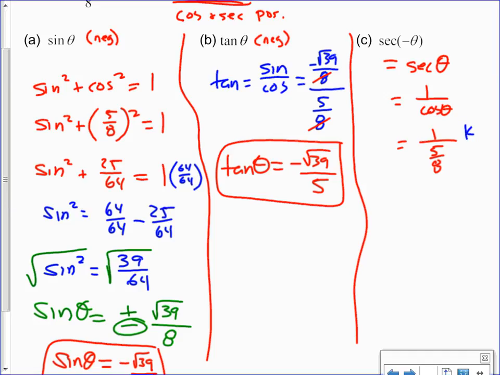Keep the first one, change division to multiply, and then flip the fraction. So 1 times 8 over 5. Keep, change, flip. Okay? So what's secant? It's 8 over 5. And is it supposed to be positive? Yes. We're in quadrant 4. Quadrant 4 is cosine and secant.